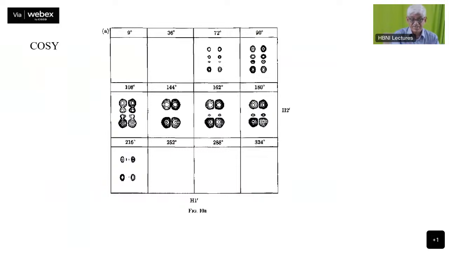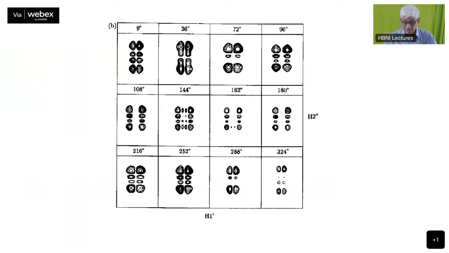So you can see how the peak patterns and the peak intensities vary. This is the region of H1', H2' in the COSY spectrum, and this is the H1', H2'' peak. The simulations indicate the patterns of the peaks, the fine structures in the individual peaks.